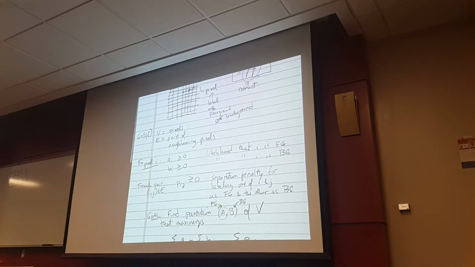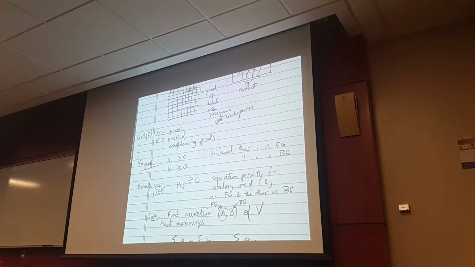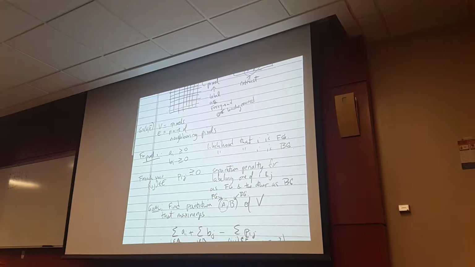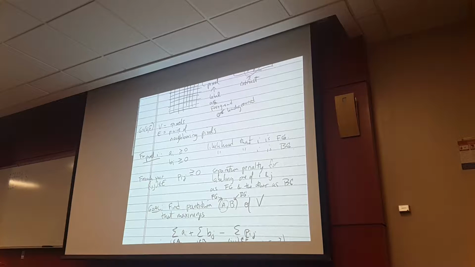For each pixel there is a likelihood of it being foreground or background. The likelihood of foreground is a_i, and the likelihood of background is b_i. As likelihood values, they could be logs of probability, which usually is what makes sense.